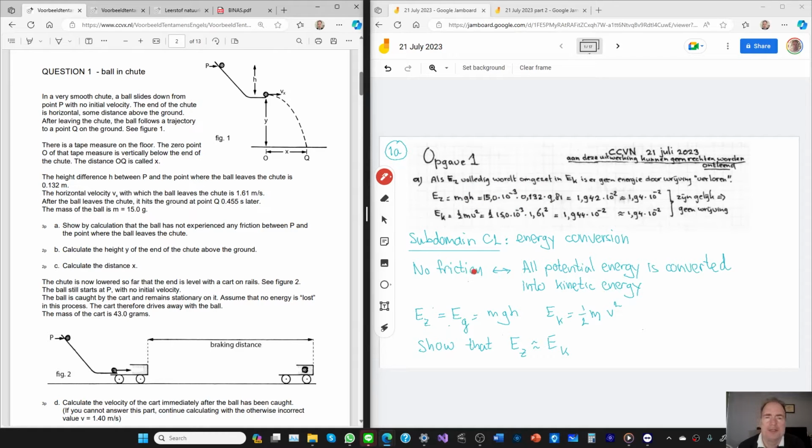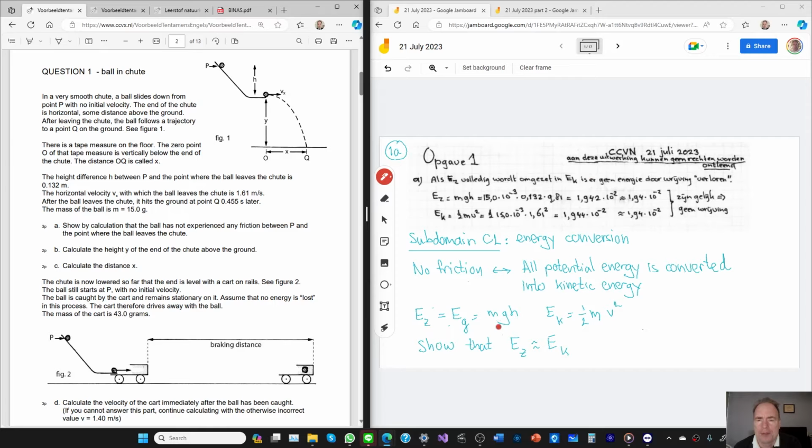If there was no friction at all, it would just mean that all the potential energy here is converted into kinetic energy, not into heat due to friction. So that's what you have to show, and that is shown here in the uitwerking.